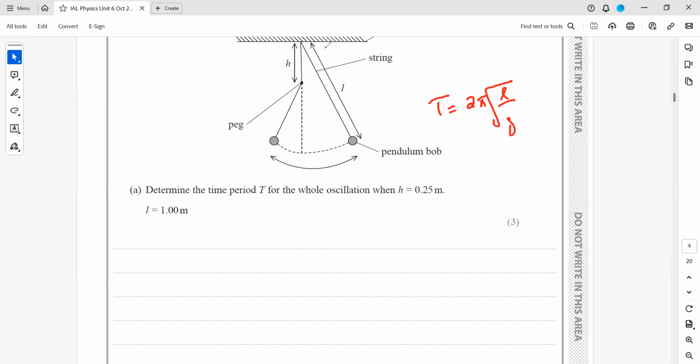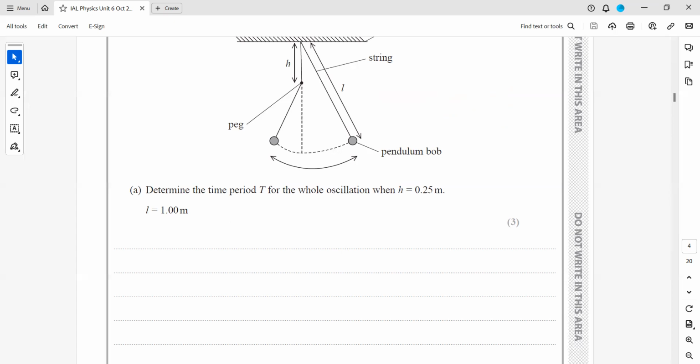But we have a longer pendulum, like this one is a longer pendulum and this one is a shorter pendulum. So we will work out the time period for a longer pendulum and for a shorter pendulum, and then we'll take an average, because the time period will change.